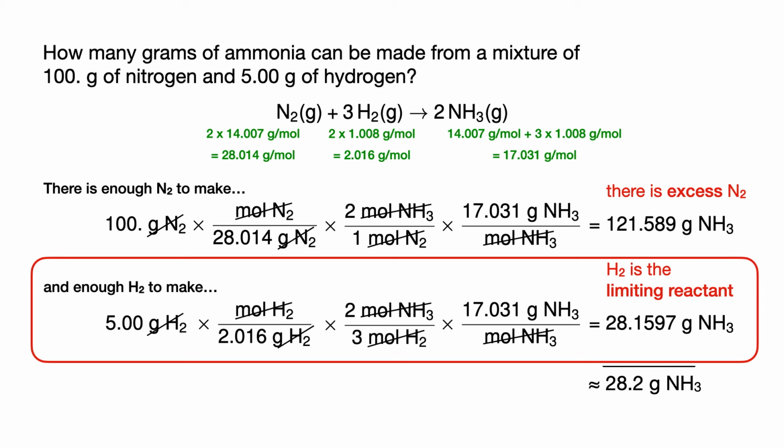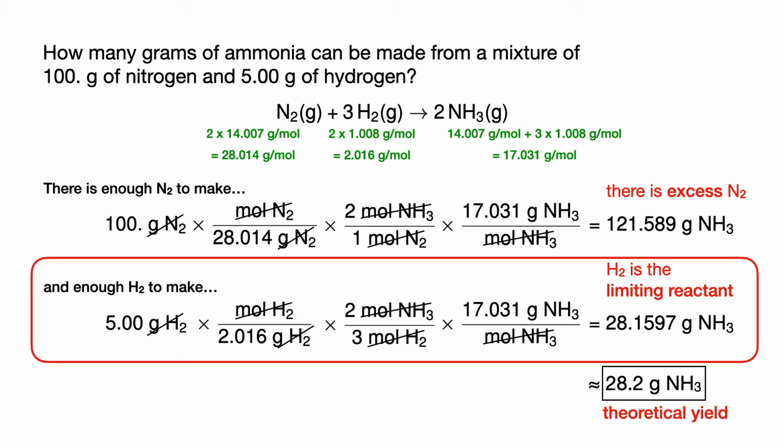And so we would find that under these conditions, we have enough materials to make 28.2 grams of ammonia. So this is the amount of ammonia that we could theoretically make just based on the starting materials that we have in the reaction.